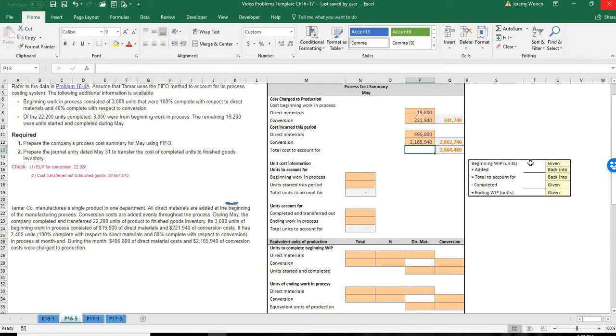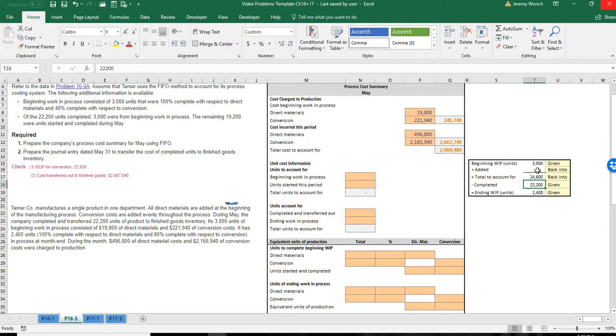It tells us that we started the month with 3,000 units in work in process, that we ended with 2,400, and that we completed 22,200. So now we can back into the other numbers we need. We need to account for what was completed and what was left over, so we need to account for 24,600 units.